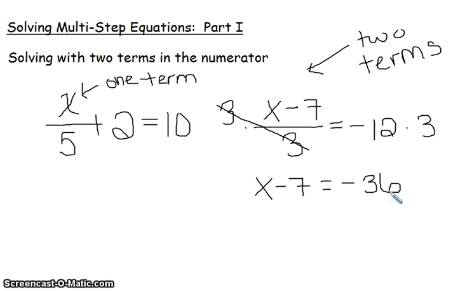So now it's just a simple one-step equation. The inverse of minus 7 is to add 7 to both sides. So when you add 7 to both sides, you get 0 on the left-hand side, which is what you were going for. x equals, and then negative 36 plus 7 is negative 29.